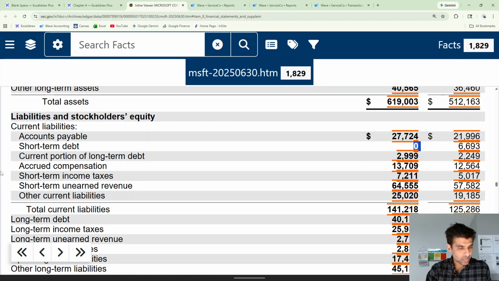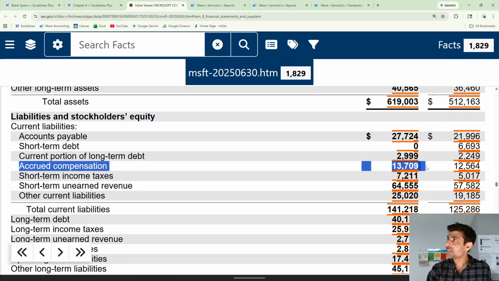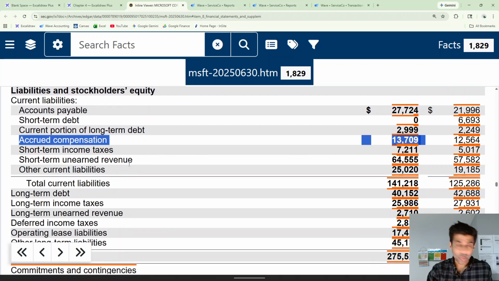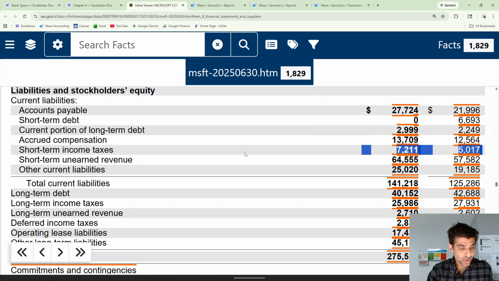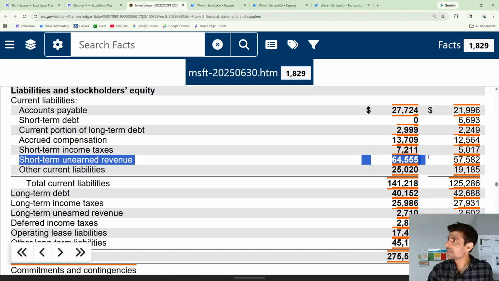Accrued compensation, this is probably like stock options that they owe to their employees, or bonuses. Unearned revenue, okay, so we know what that is. Probably from subscriptions, or let's say you're buying their cloud service, Azure. If you're prepaying for a bunch of that, it's going to show up here, right?